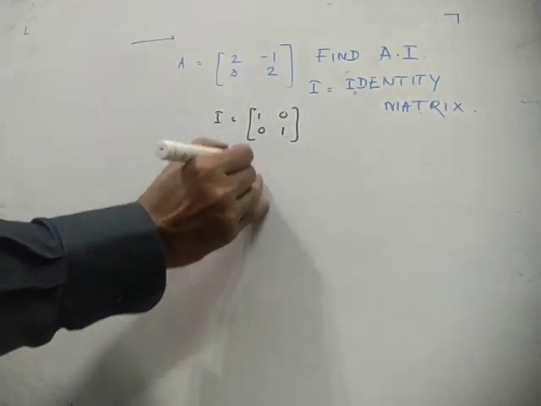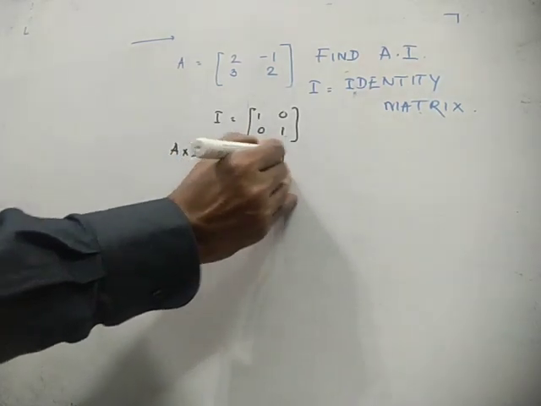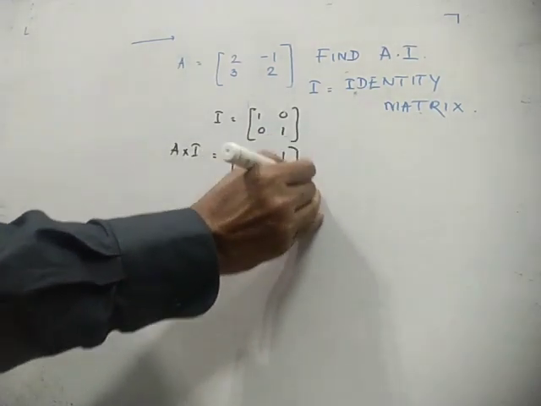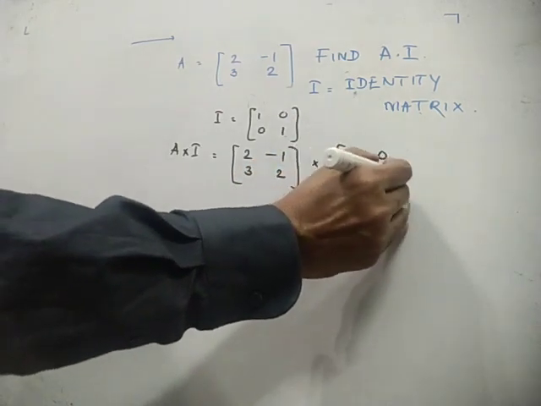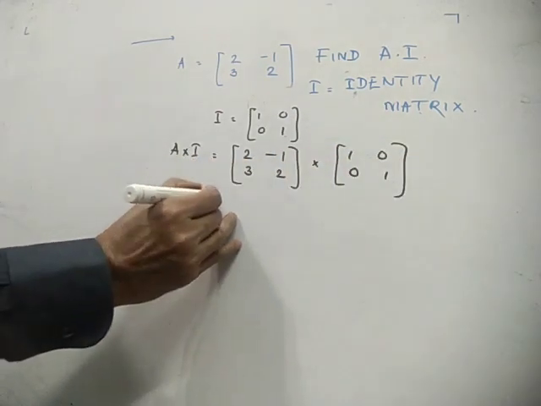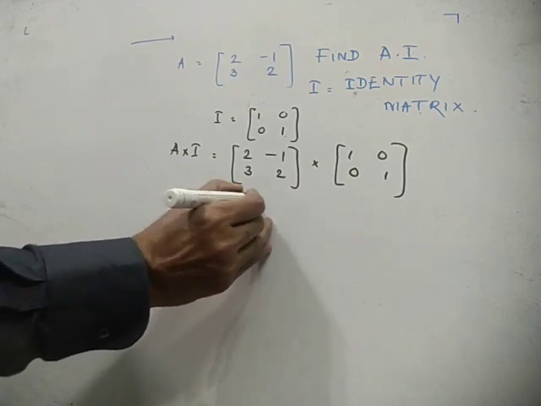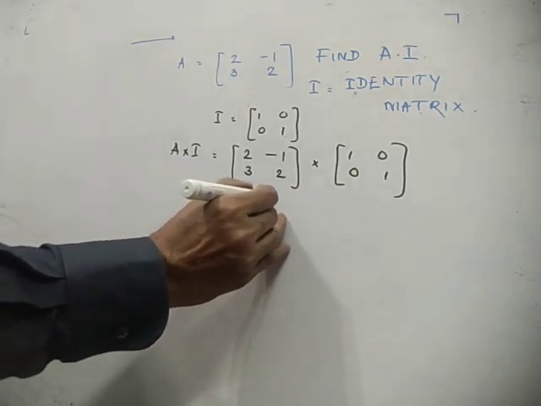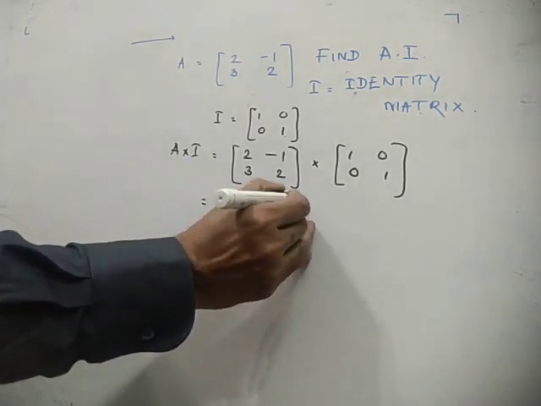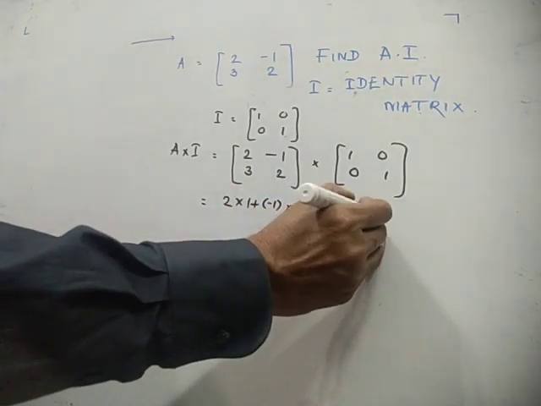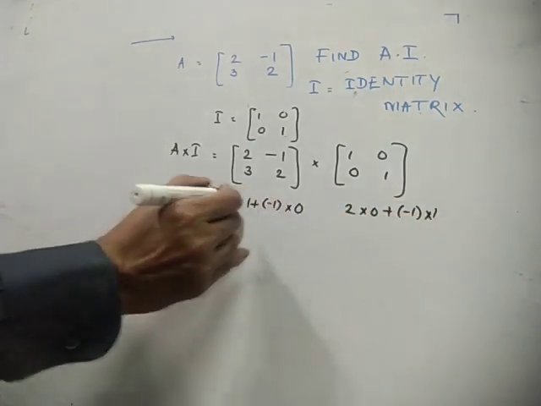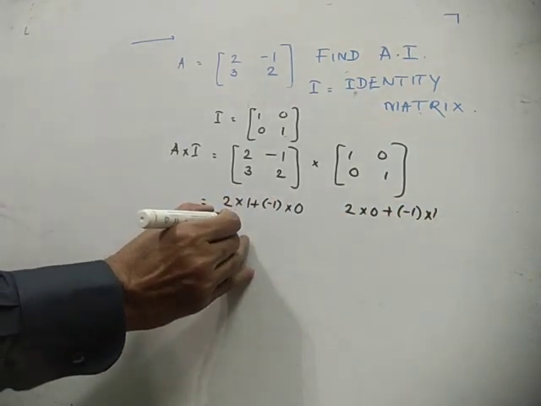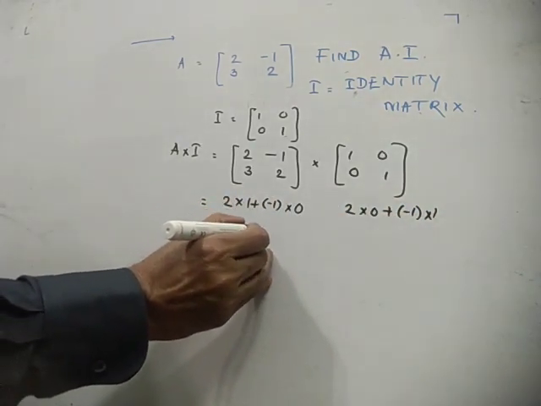So we have to get AI. A into I: first we write A, 2 minus 1 3 2, and now I is 1 0 0 1. According to the matrix multiplication rule, we have to multiply. This is multiplicable because both are 2 by 2. So 2 into 1 plus minus 1 into 0. Second position, 2 into 0 plus minus 1 into 1.